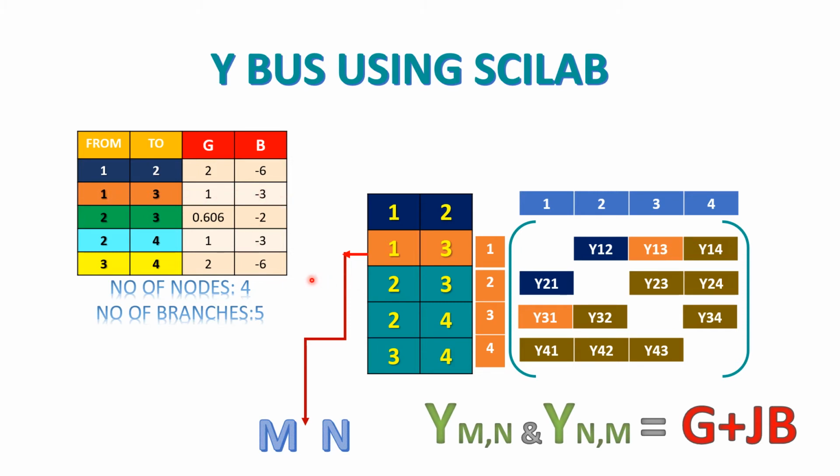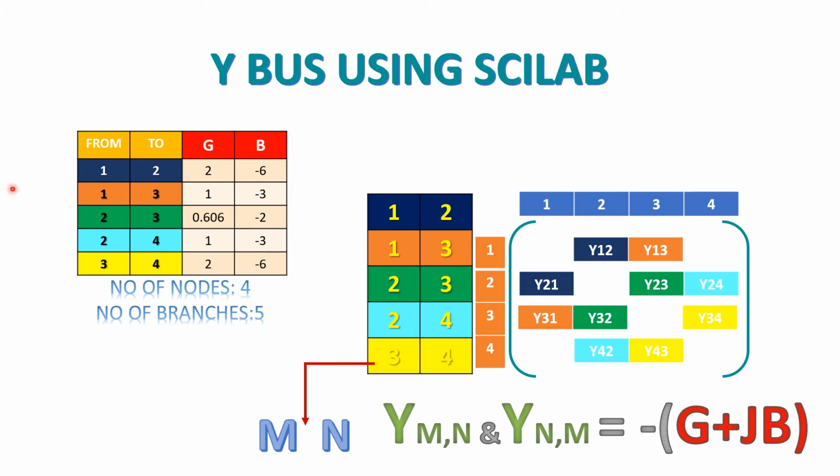Now, like that, we can proceed for all the values which are given in this table. Finally, if you go on step by step, we reach 3 4. Now m becomes 3 and n becomes 4. Y34 is equal to Y43 is equal to the corresponding values of g and b, and all the off diagonal elements are filled.